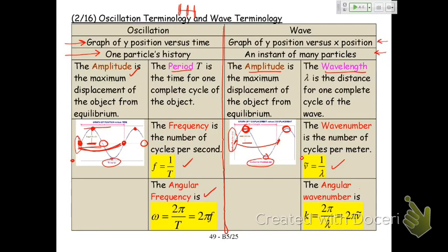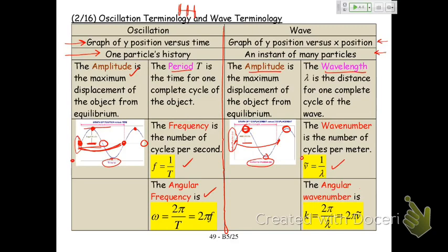And then because this circular motion is very good for describing the oscillatory type stuff, we can have the angular wave number, and that is the number of radians of oscillation in a meter. Lots of analogies and equivalencies there.